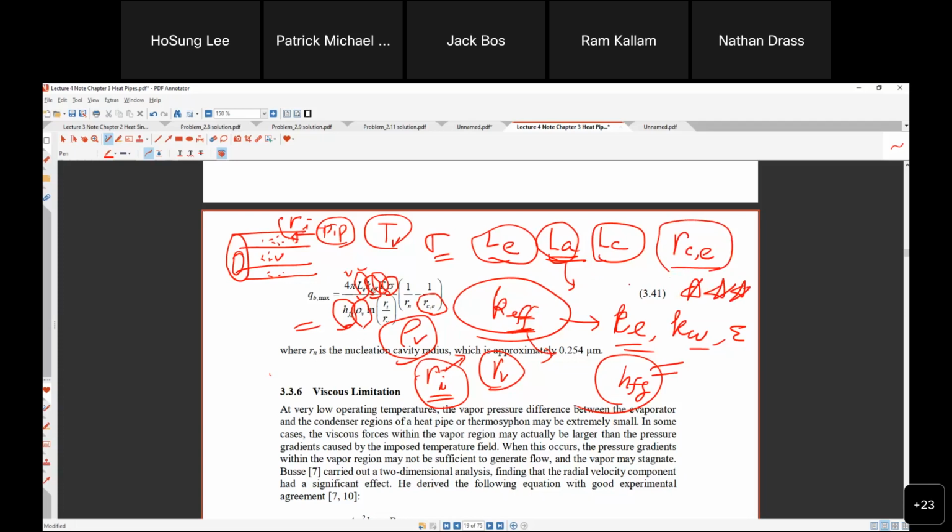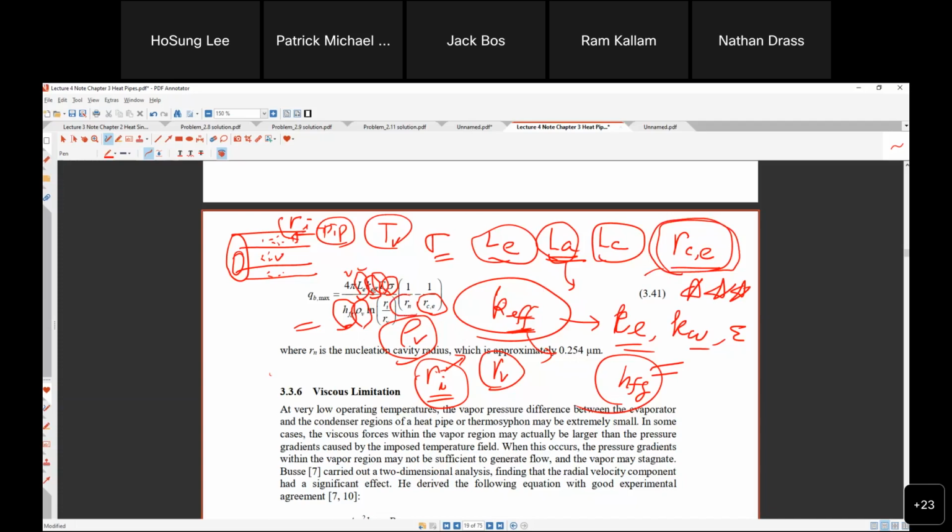Anyone? Capillary. Yes. The radius of a capillary at the evaporator. Important. This is the major driving force for the capillary limit.